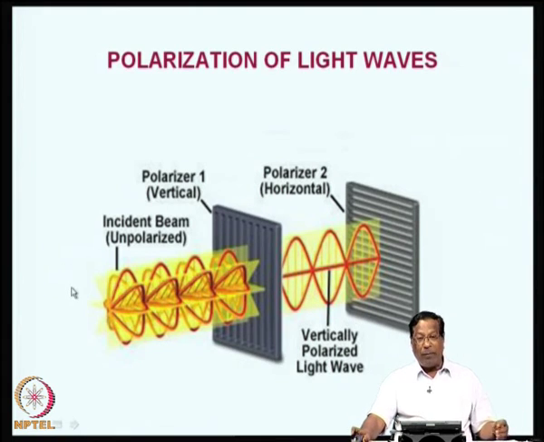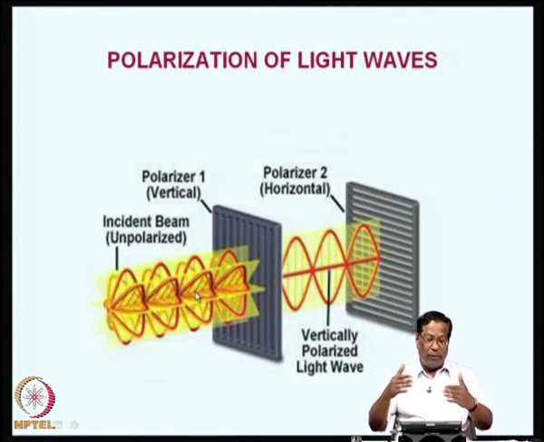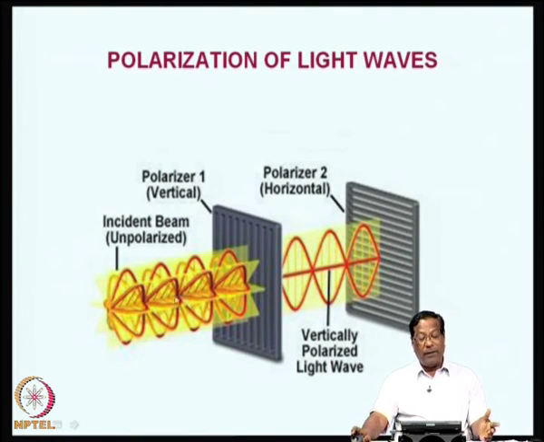If you view it from the receiver's end, that is, if the light is coming towards the observer, you would see a big bundle in which the electric and magnetic vectors are mixed up without any proper organization.